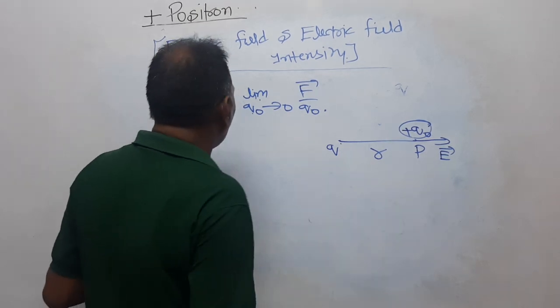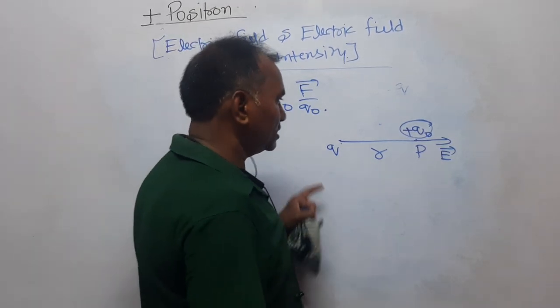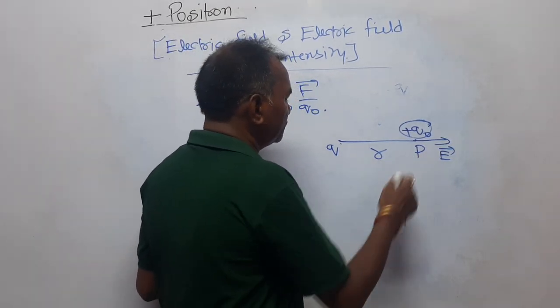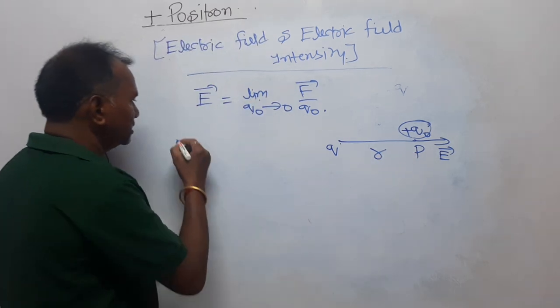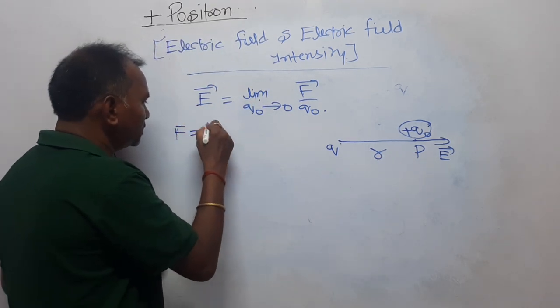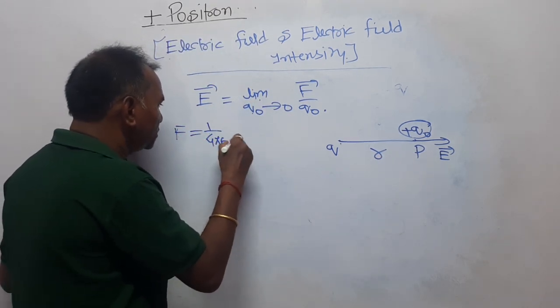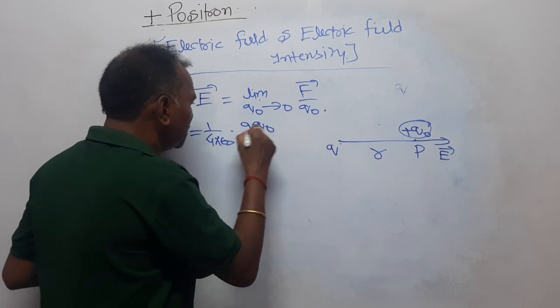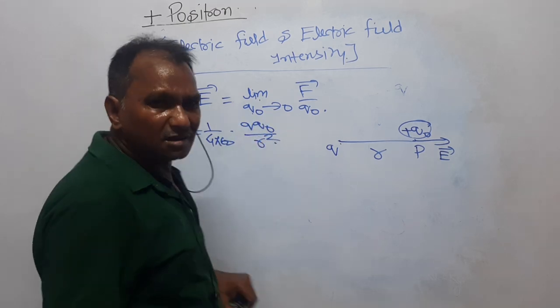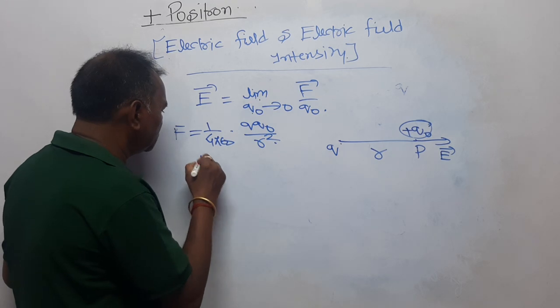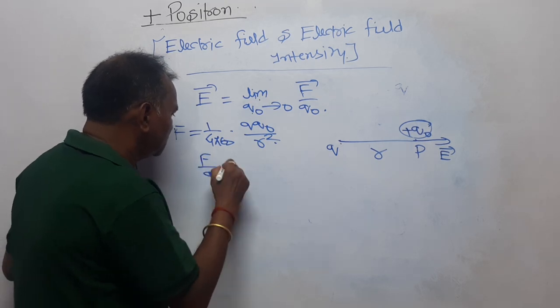Now, dear student, how can you find the electric field? Now look here, the force acting between the two charges, F is equal to 1 upon 4 pi epsilon naught, Q Q naught upon R square, right? Now, divide by Q naught on both sides.